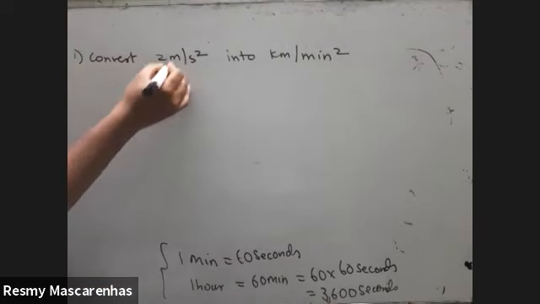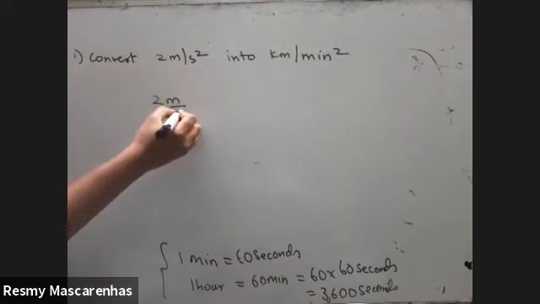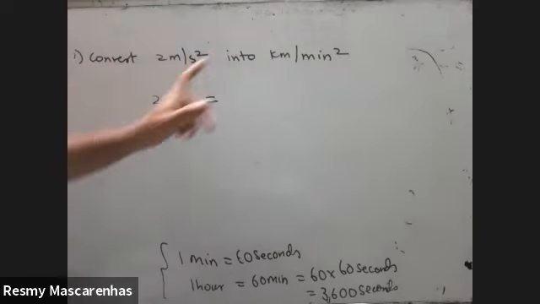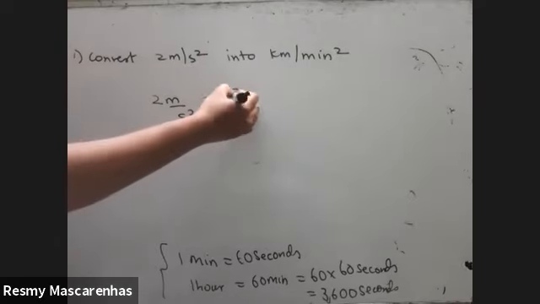Let us take this 2 meter per second square. Now I have already given you the conversions. I want it in terms of kilometer. 2 anyways is the number there.